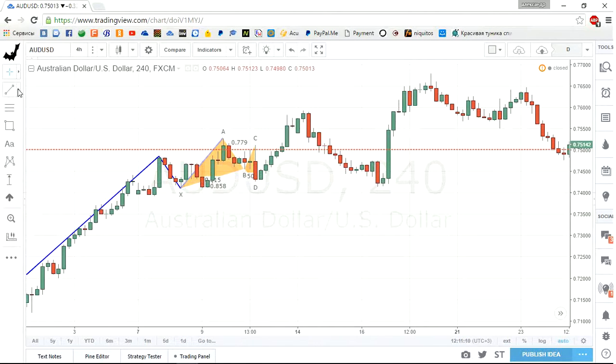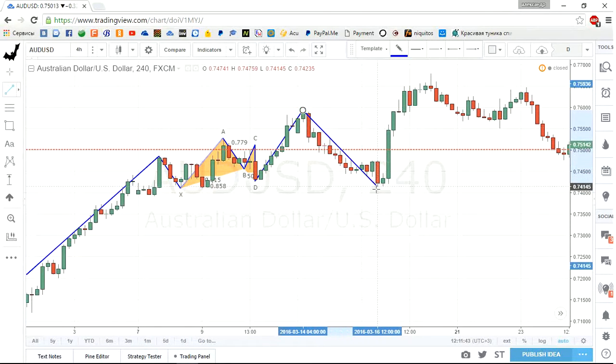A correction here, like this, and then we had the retest here like that, because of touching of that upper border, and then a kind of false breakout to the downside, impulse swing to the downside, another impulse swing to the upside, and we do not have a W type structure or M type structure here to have a valid pattern for me.